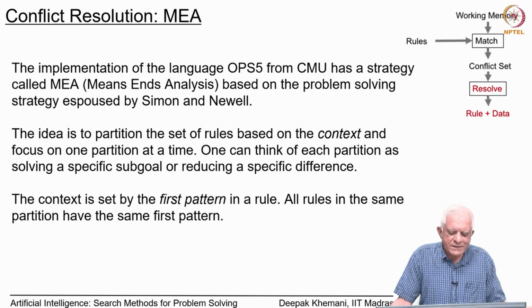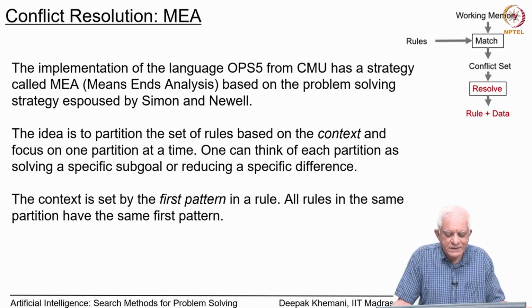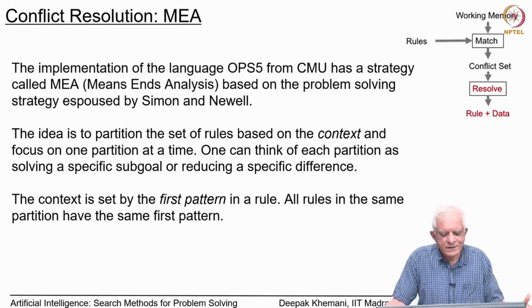The context is set by the first pattern in the rule. So, in this MEA strategy which came with OPS5, the first pattern defined what is the context. All rules in the same partition had the same first pattern.